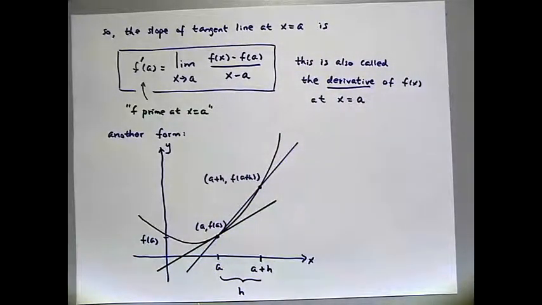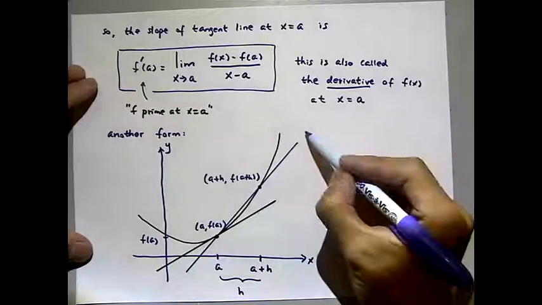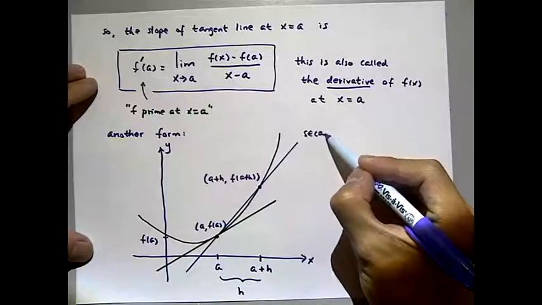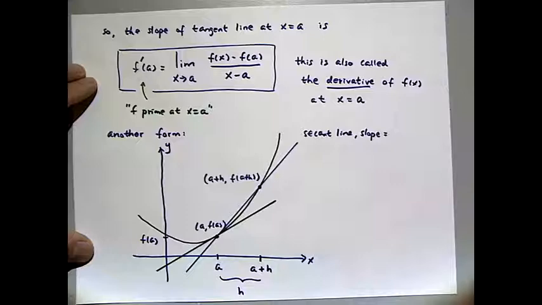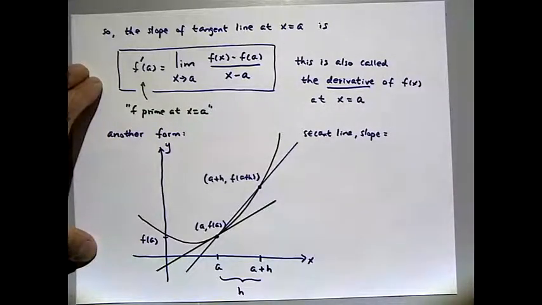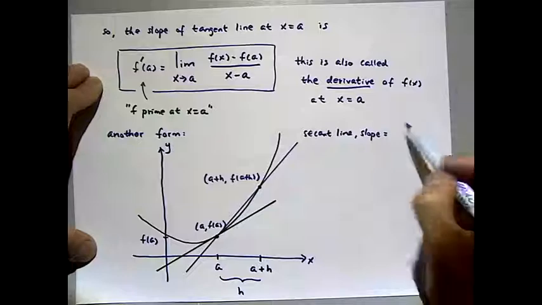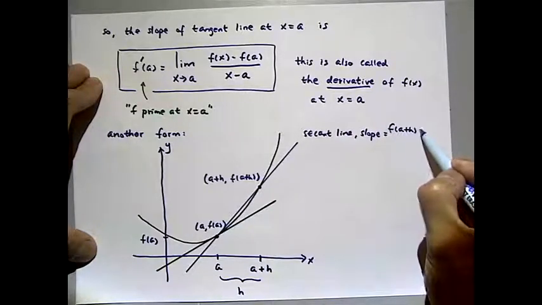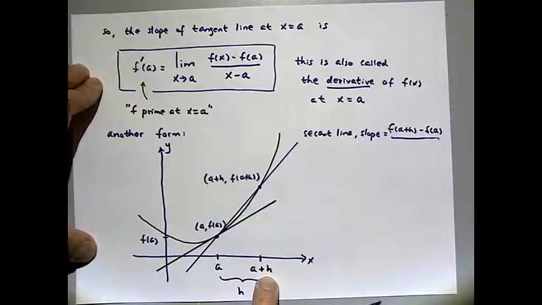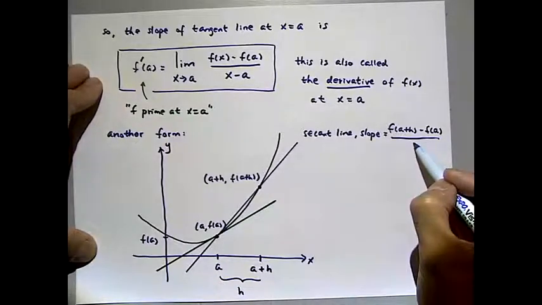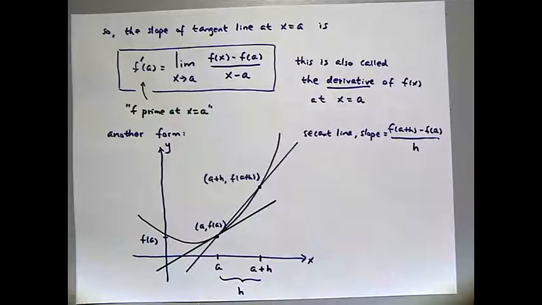We still start with the secant line slope, which is the same as usual: the second y minus the first y over the second x minus the first x. A plus h minus a, of course, is simply h. Exactly the same thing, just a slightly different way to express it.